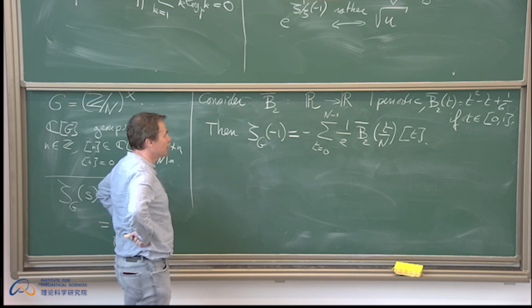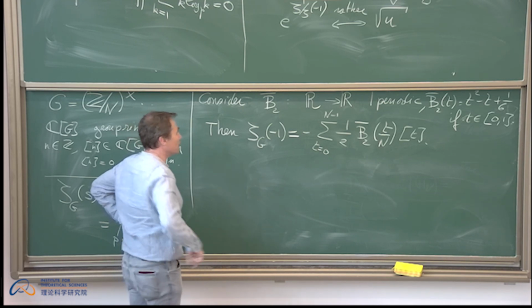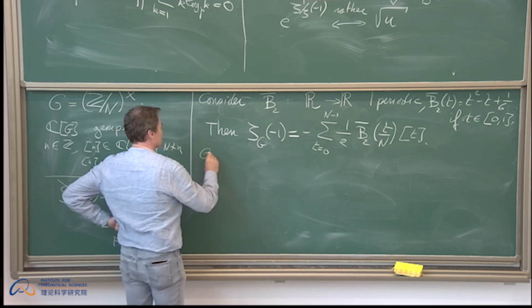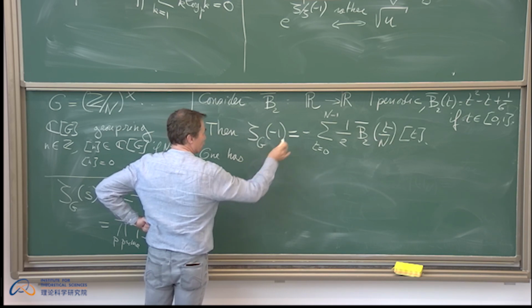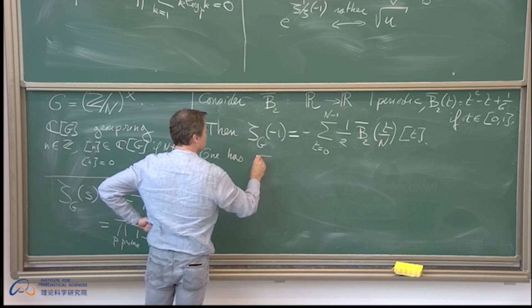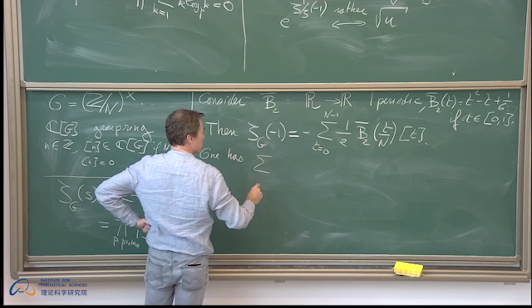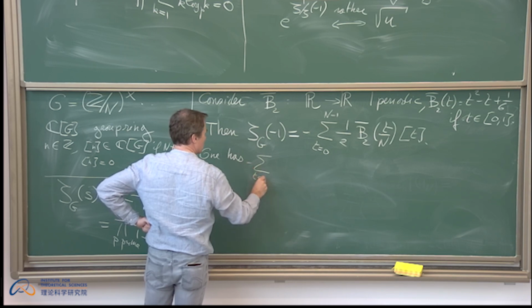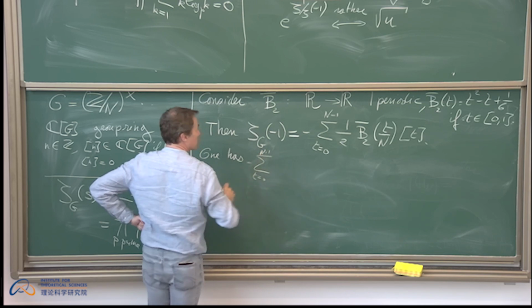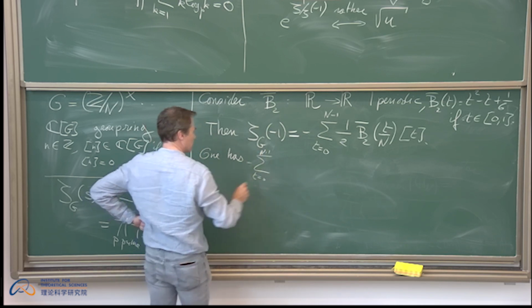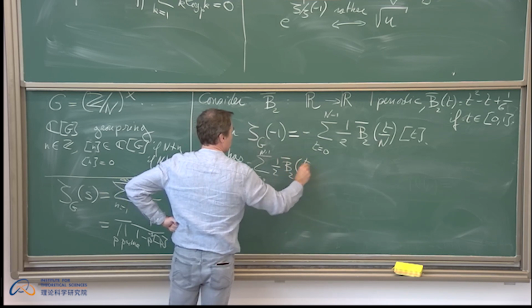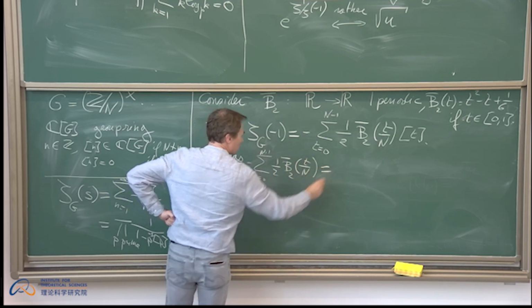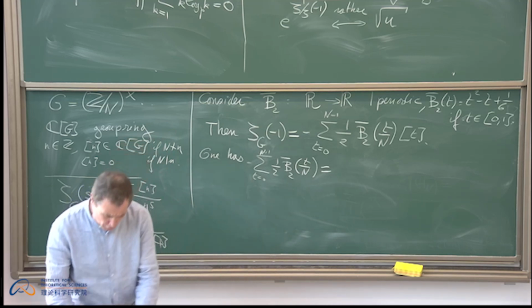Okay, and the first thing you can note is that if you take the sum of the values of theta t at minus 1, then one has n minus 1 over 12.